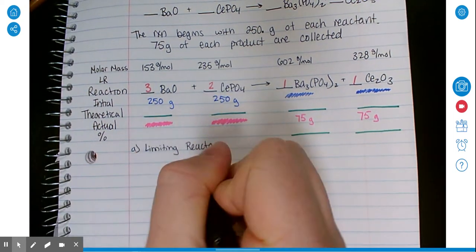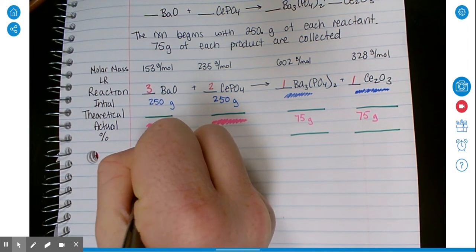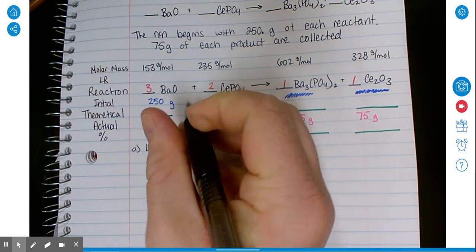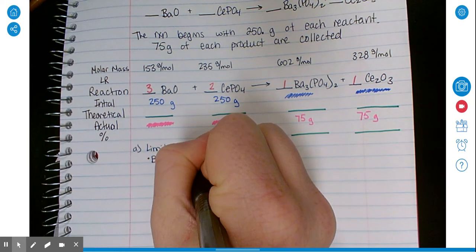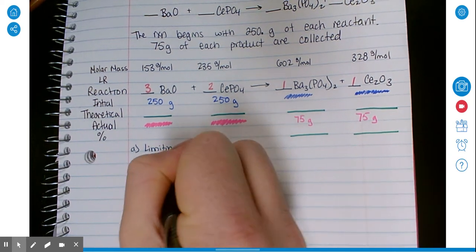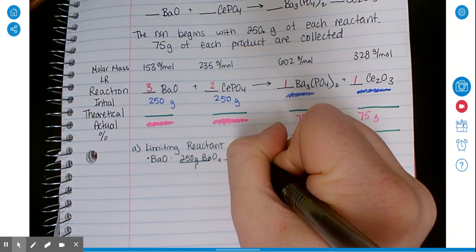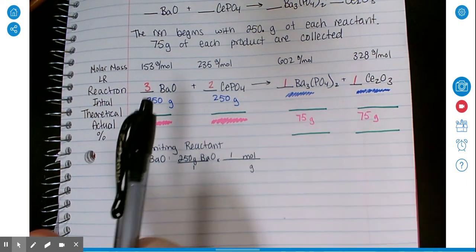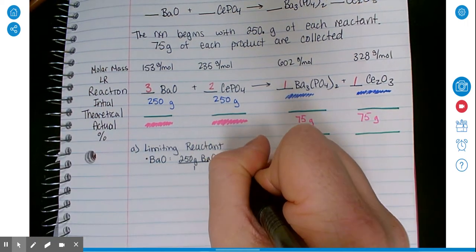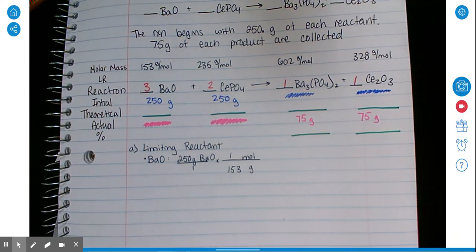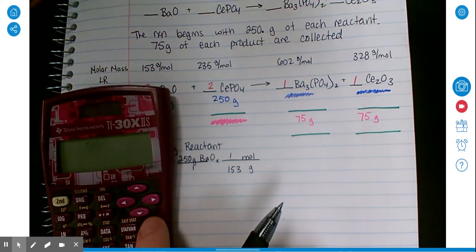I work left to right, so I'll do barium oxide first. Start with 250 grams of the BaO. From grams to moles, using the molar mass, so 153. So 250 divide 153.